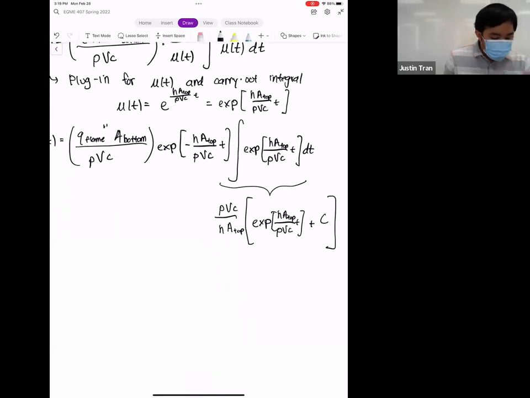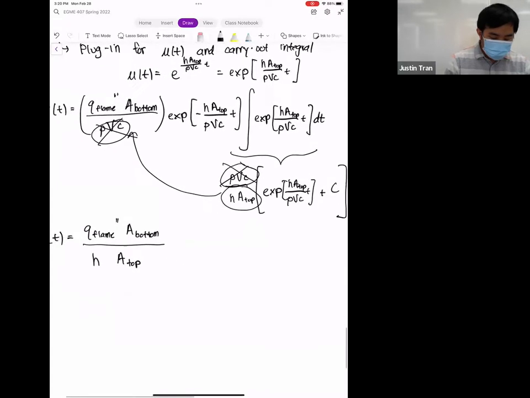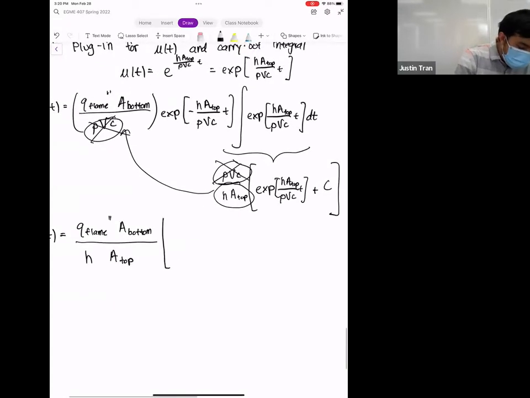Okay, so let's multiply this by the rest of our expression. We have a rho V C up top and a rho V C on the bottom, so those are going to cancel out. Since this is just a constant, I'm going to take the denominator and add it to the coefficient in front. And so we have theta of t is equal to Q flame double prime A bottom divided by h times A top, and we put a bracket here.